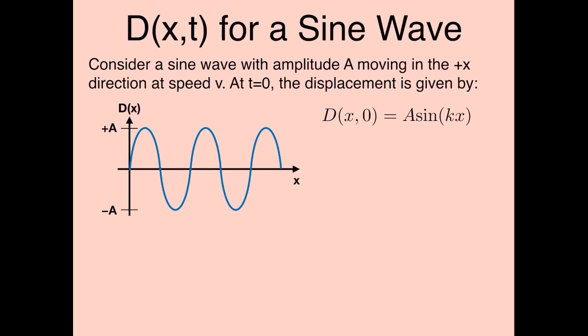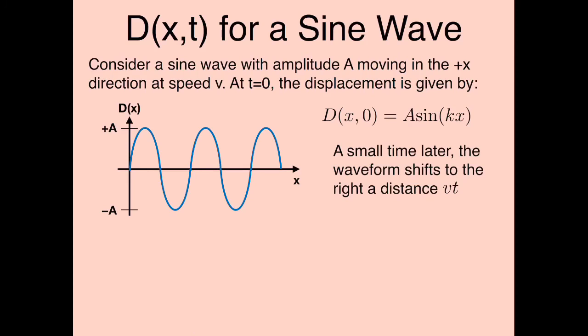Okay, so this describes what the wave looks like at t is equal to 0. It's given by A sine kx. That describes this snapshot of the wave at t is equal to 0. But what happens a short time later? Well, a short time later, this overall waveform that you see here is going to move to the right, since we're assuming we're moving in the positive x direction, by some distance.